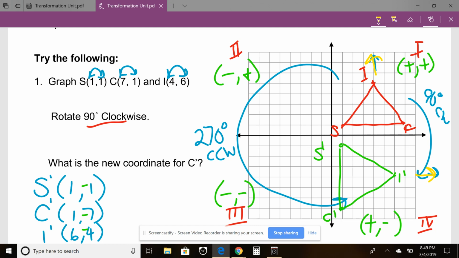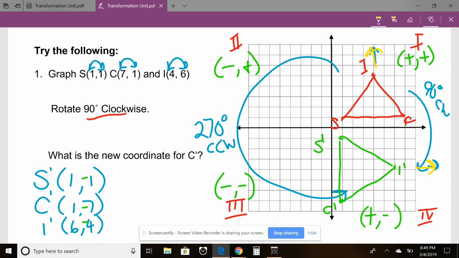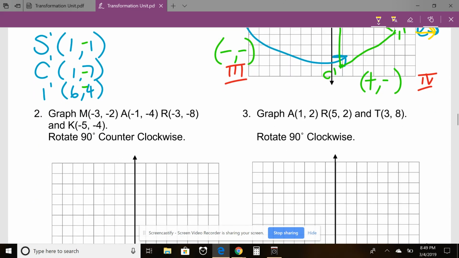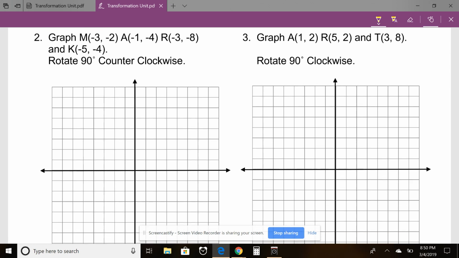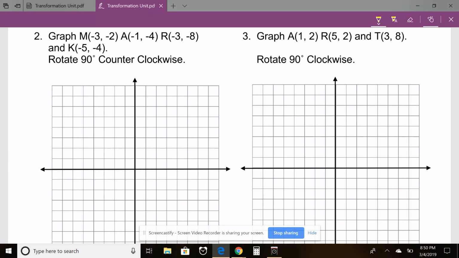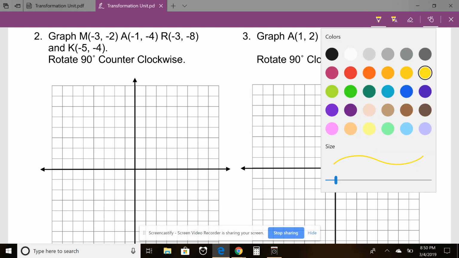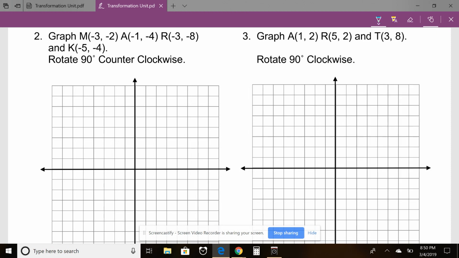Okay. Now let's take a look at a counterclockwise rotation. So let's look at MARK right here. So M is (-3, -2). A is (-1, -4). R is (-3, -8).